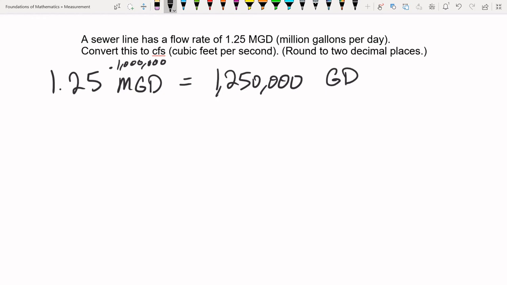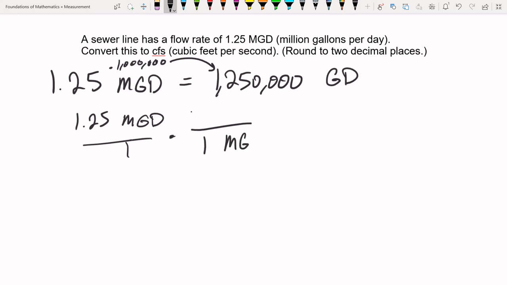That gave us regular gallons per day. Hopefully that makes sense. You can of course just go 1.25 MGD over 1 times 1 million gallons equals 1 million gallons.